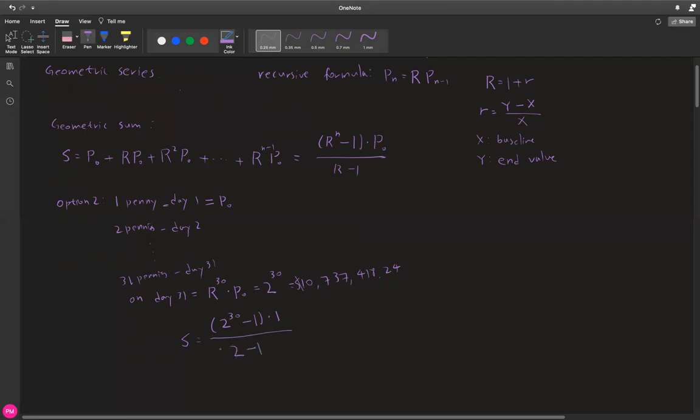So here 2 is the common ratio. If you put this into a calculator, you will receive 483,647 cents.